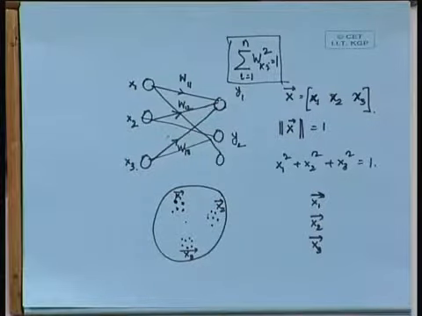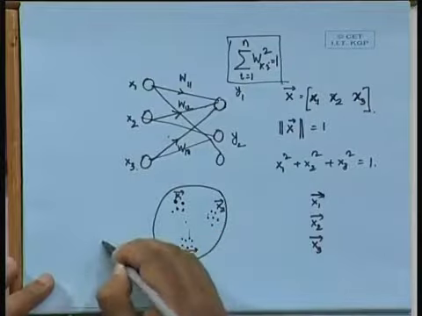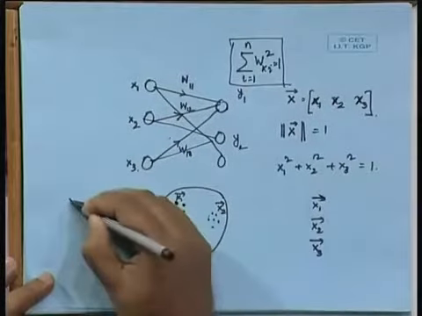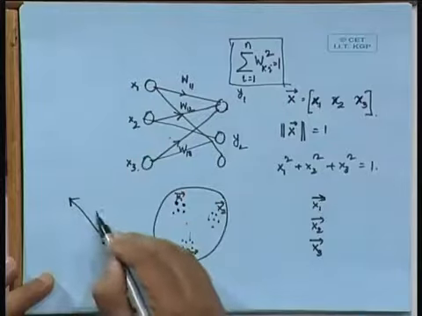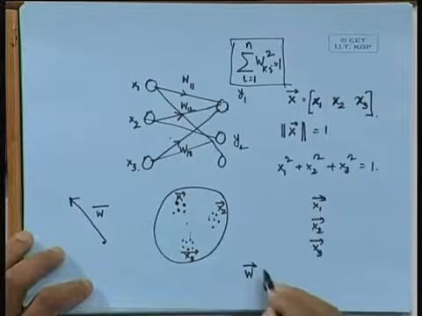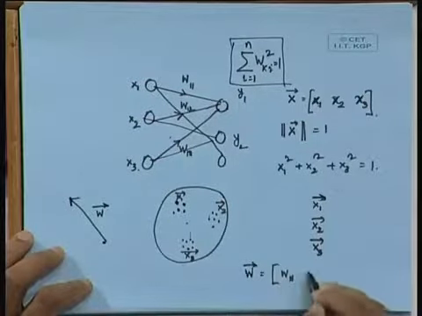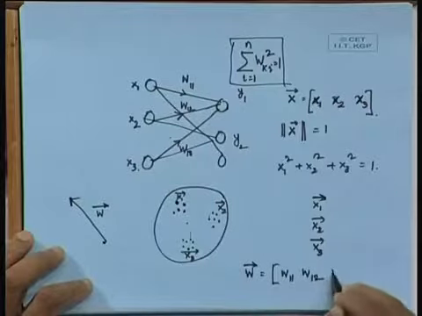Is it very clear? Let us imagine it in 3D. Earlier this was the w vector, and what is the w vector? We are defining it to be the vector consisting of w11, w12, w13.